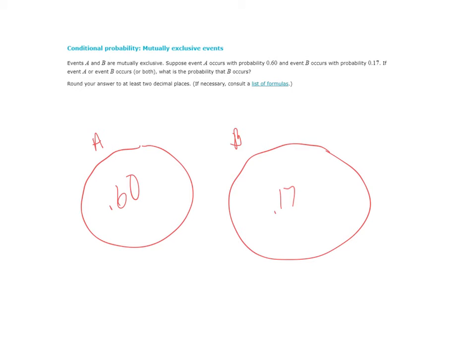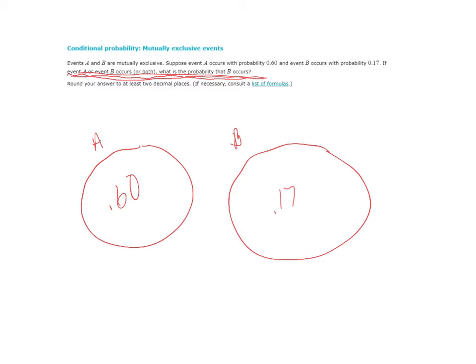If event A or event B occurs, what is the probability that B occurs? Round your answer to 2 decimal places.